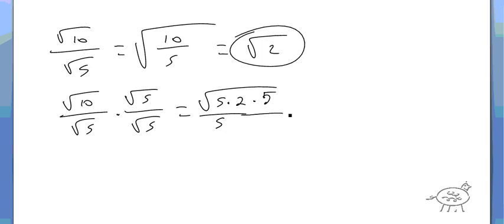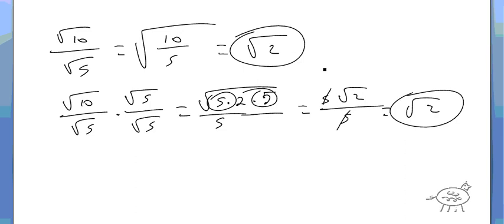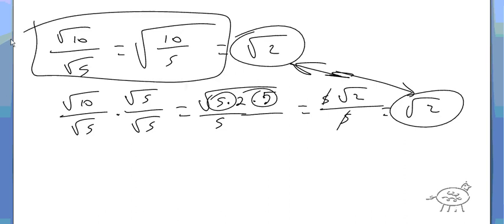And then you could say, well, I could pull out a pair of 5s, so 5 root 2 on the outside and 5. That cancels out, and I have root 2. Well, which one was easier? Okay, this one was definitely easier, by understanding that you can write it as one fraction.